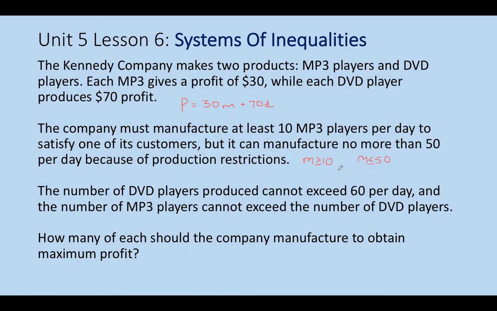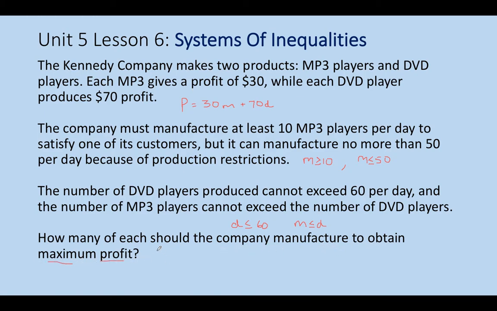So there's a couple of constraints. DVD players cannot exceed 60, so D has to be less than or equal to 60. And the number of MP3 players, M, cannot exceed the number of DVD players, so M is less than or equal to D. How many of each should the company manufacture to obtain the maximum profit?